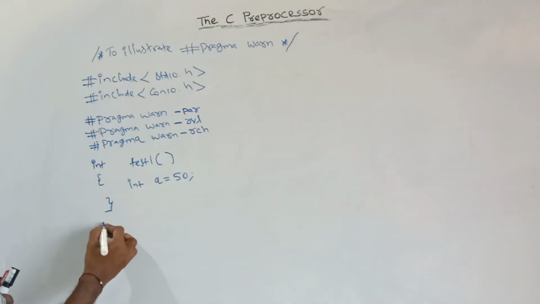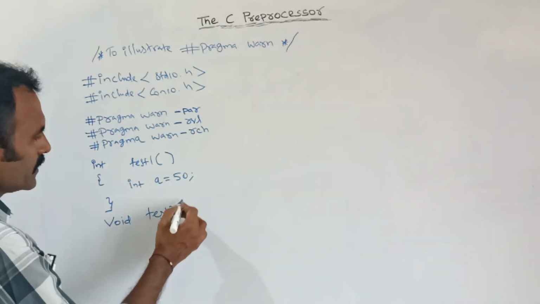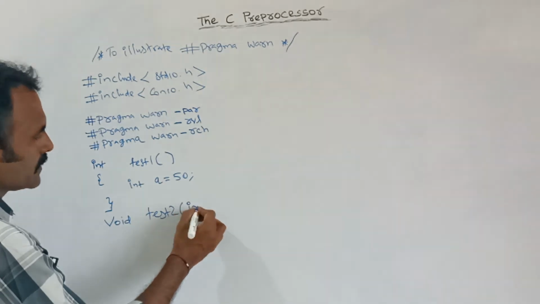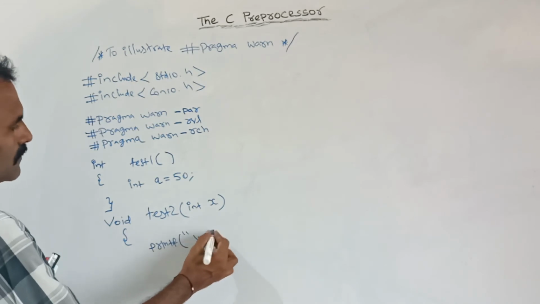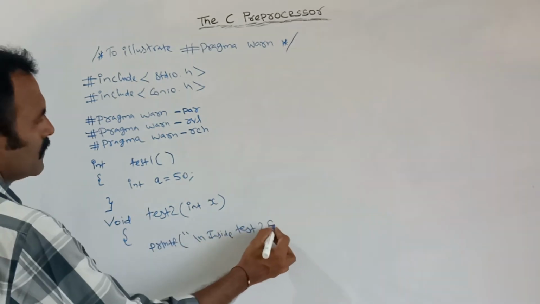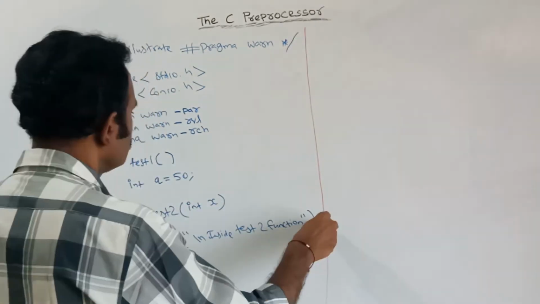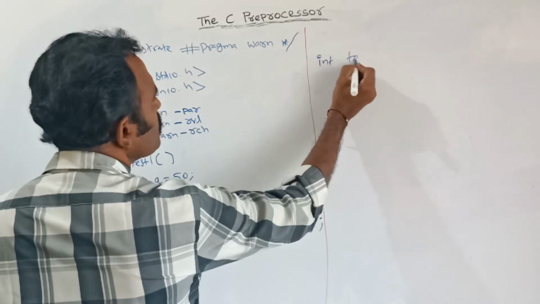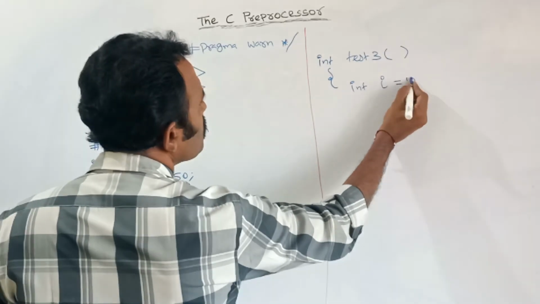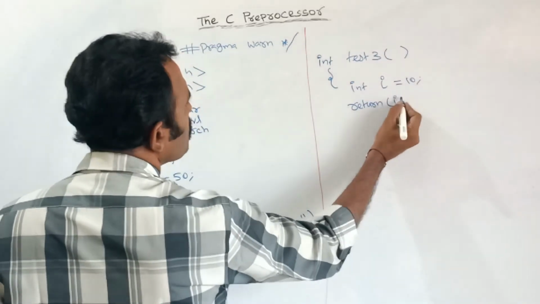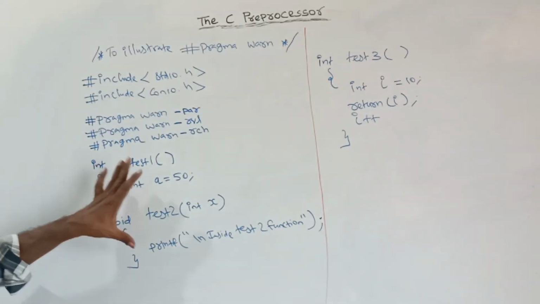Next function, this function name is test2. It has one parameter, of integer type. So totally here 3 functions were there.